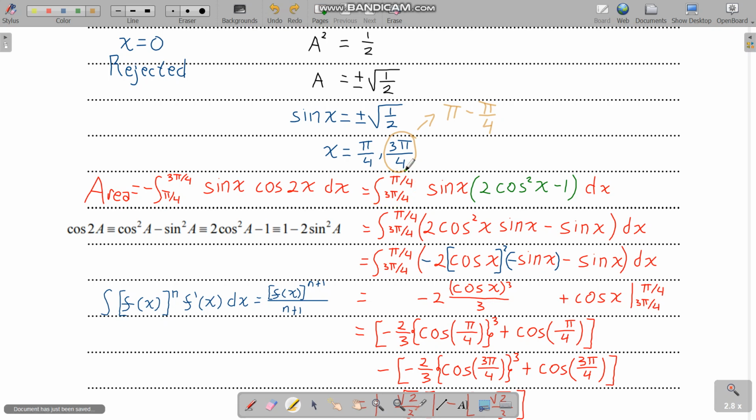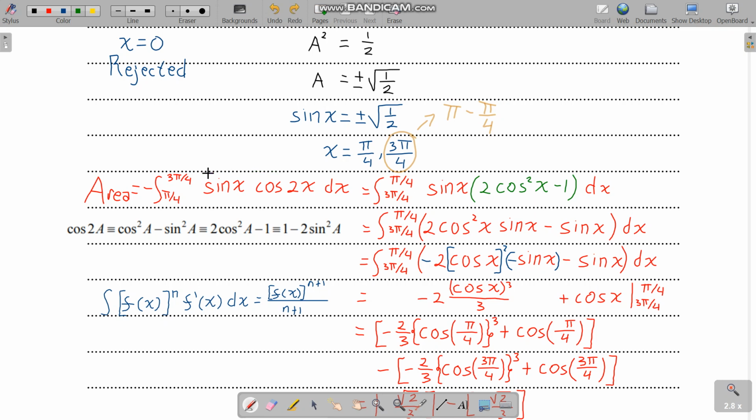Now for the integration, we cannot integrate this directly, so we have to use the double angle formula for cos. For the cos double angle formula we have three options.